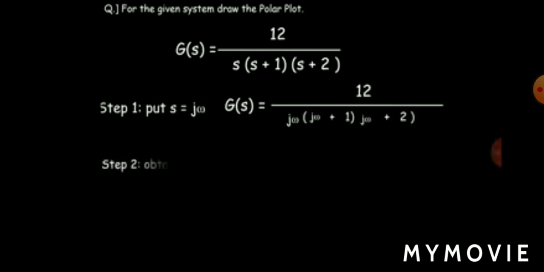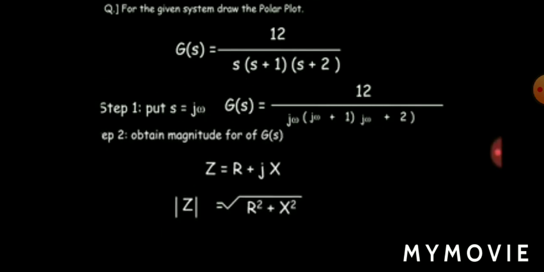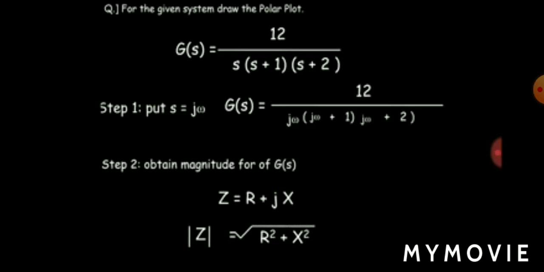Next, step 2, obtain the magnitude of G(s). For all the terms we need to find the magnitude. How to find the magnitude? It is very simple. Z equals r plus jx, so the magnitude of z will be the root of r square plus x square.